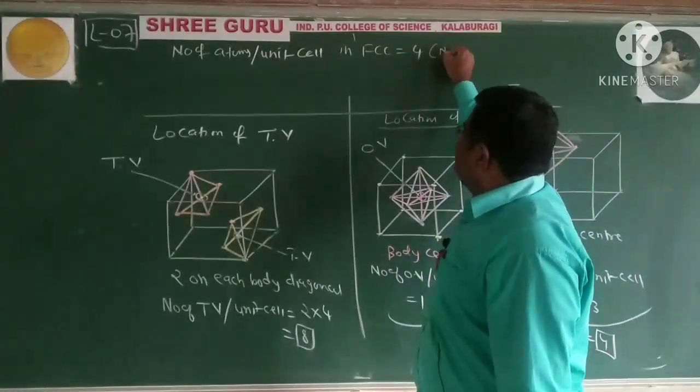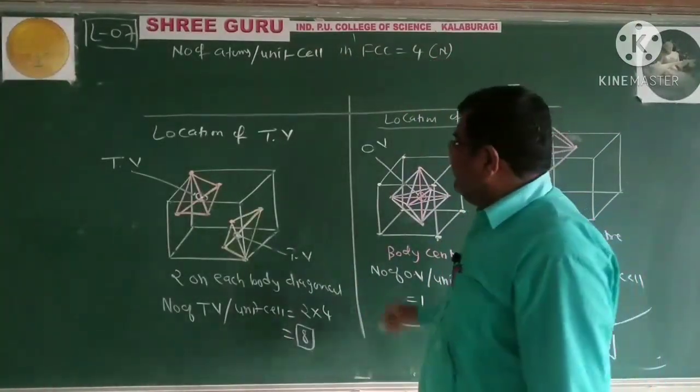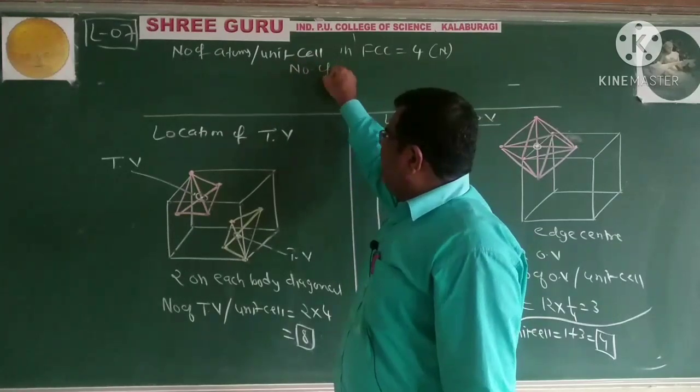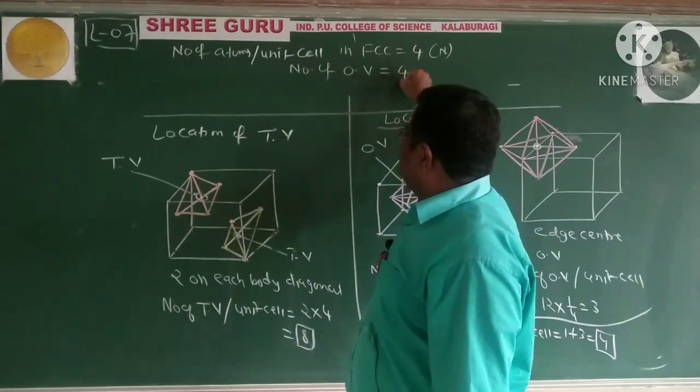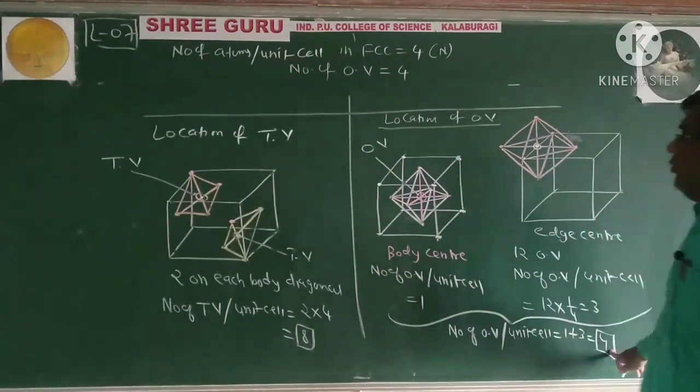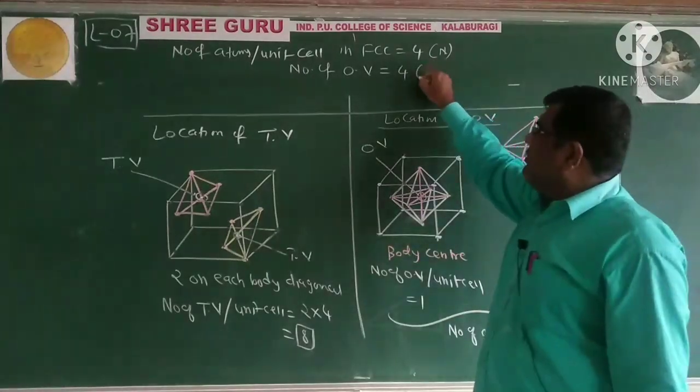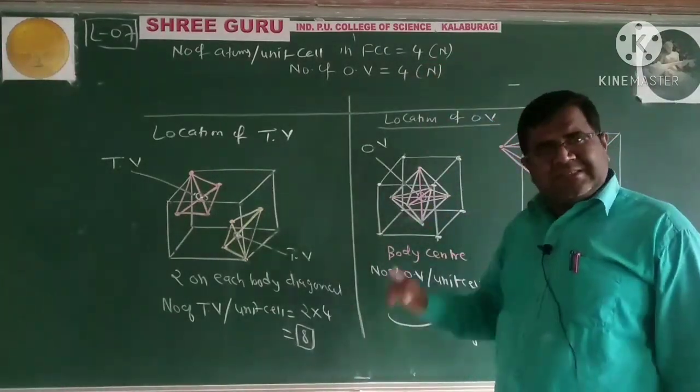We'll consider this as N, capital N. The number of octahedral holes is also equal to 4. So that also equals capital N. They are the same in number.